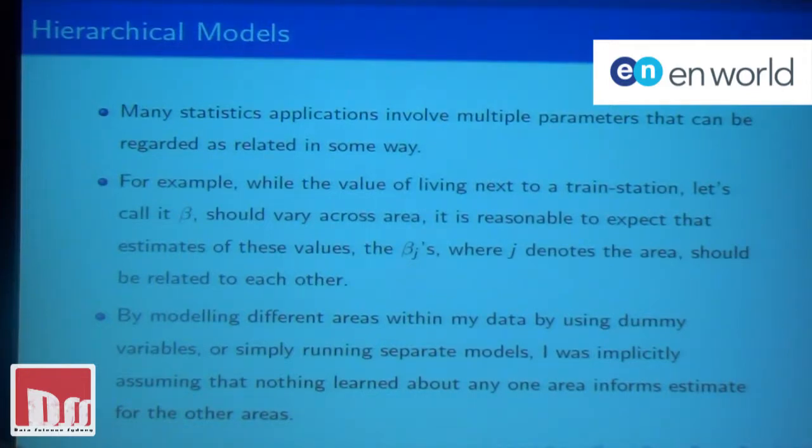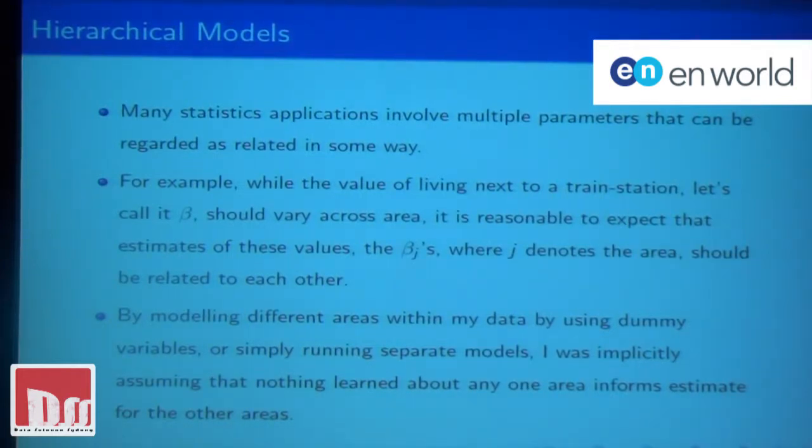Okay, so the key thing with hierarchical modeling is that many statistical applications involve multiple parameters, which we can assume come from a similar distribution, a master distribution. Think about living next to a train station.